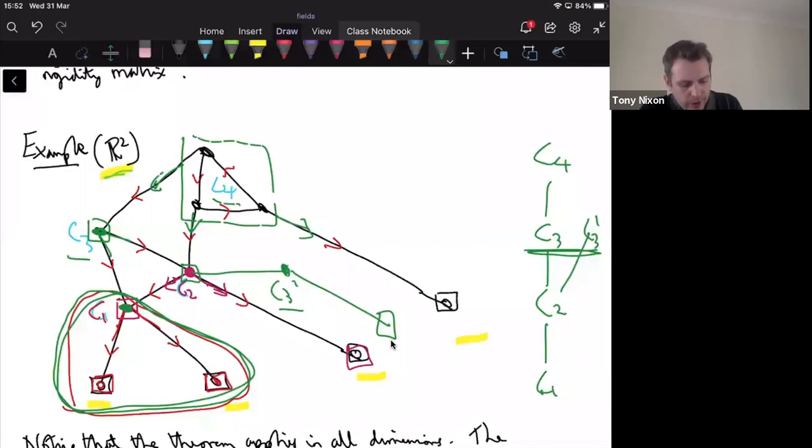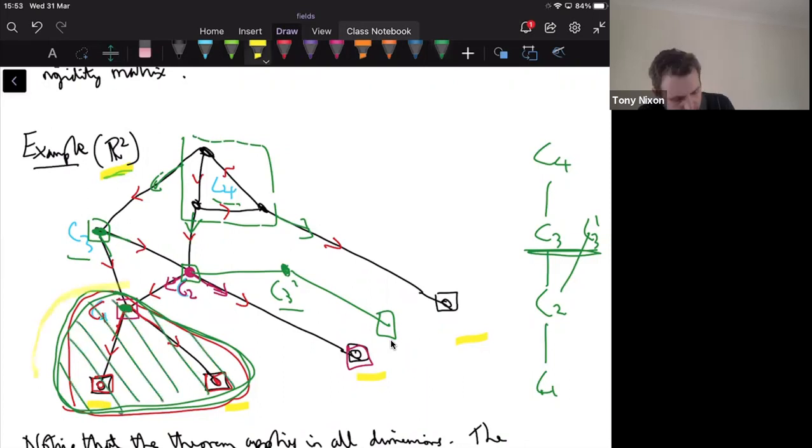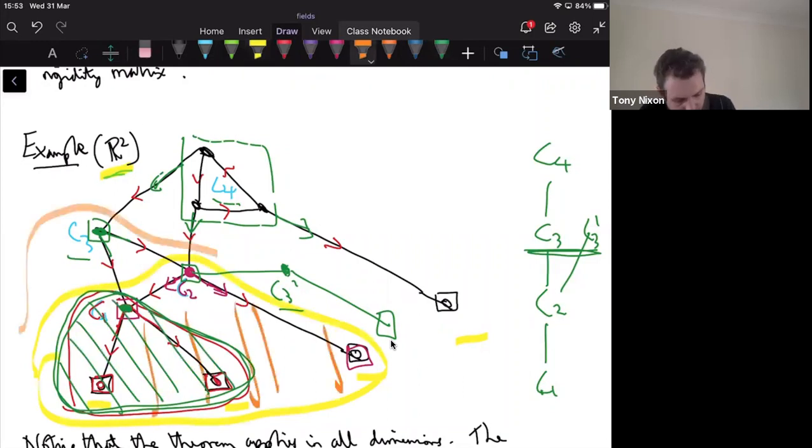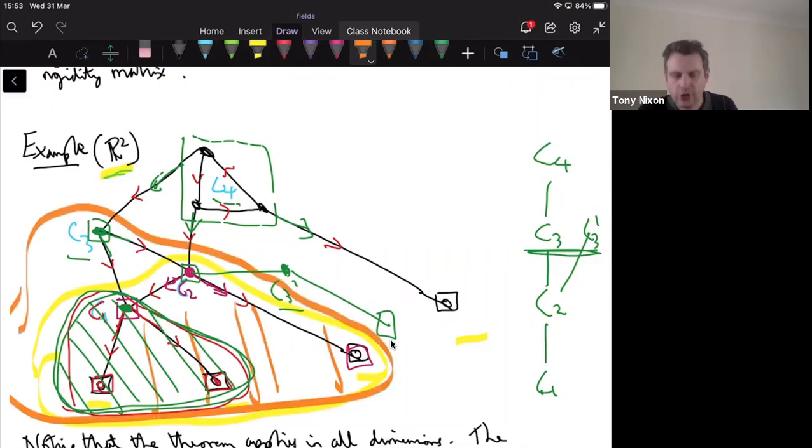And so if we think about it in that way, then for C2, you think of this entire thing. So every vertex in C1 is pinned, and then your C2 is like that. And then again, you think of everything in there as pinned, and then your C3 is like that, and so on through the whole thing.